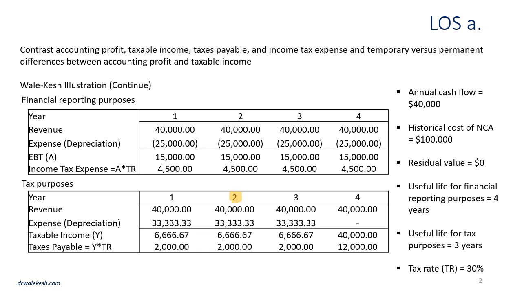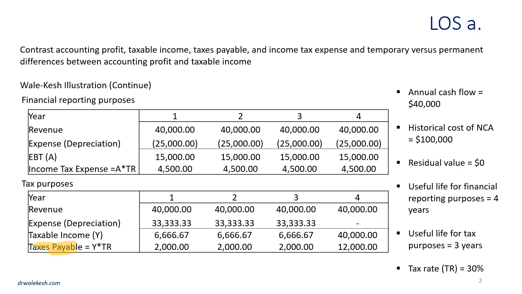For year 2, it is revenue less the depreciation expense, the same for year 3. But in year 4, the taxable income will be 40,000 US dollars less 0, since the depreciation expense in year 4 is 0, and that implies that the taxable income in year 4 will be 40,000.